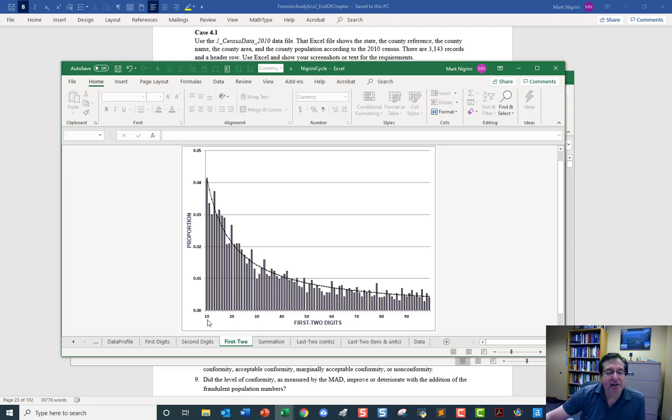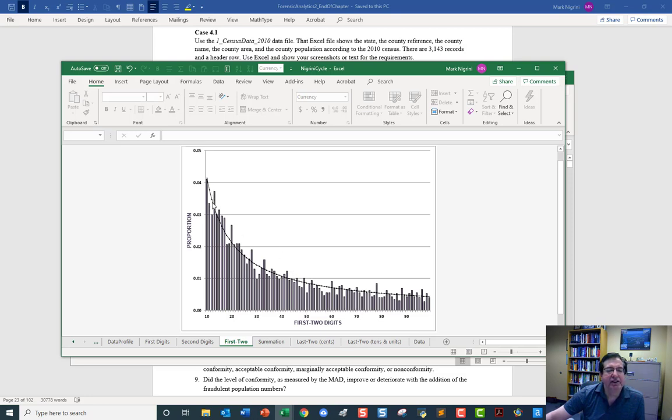So these are the digit combinations going from 10 to 99. These are the expected Benford's law proportions. Under Benford's law, I expect 4.1% of my numbers to start with 10, and just under 0.5% of the numbers to start with 99. And we get this pattern going down. These are my deviations. I'm under, I'm over, I'm on the line.